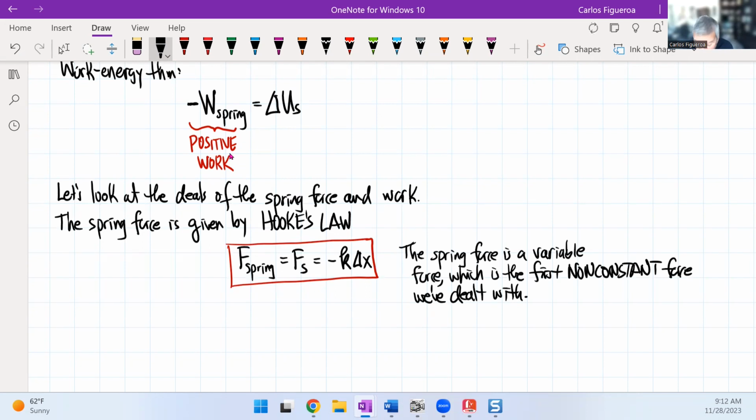So if you're dealing with a non-constant force here, by the way, the kinematic equations don't apply anymore. You can't use them. So it's actually a big deal.